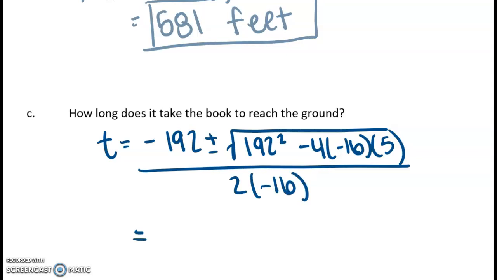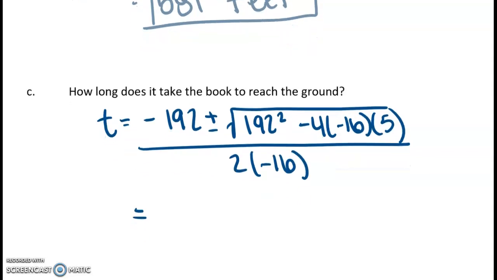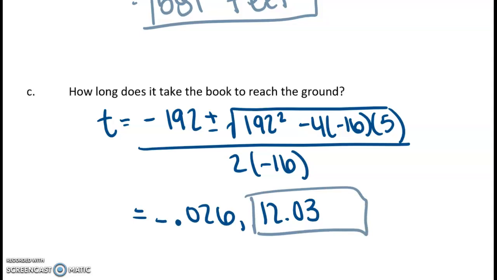If you do the math here, you can again use your calculator. You're going to get two solutions, and it comes out to be negative 0.026 and 12.03. Now t represents seconds. Time can't be negative, so our solution would be 12.03.